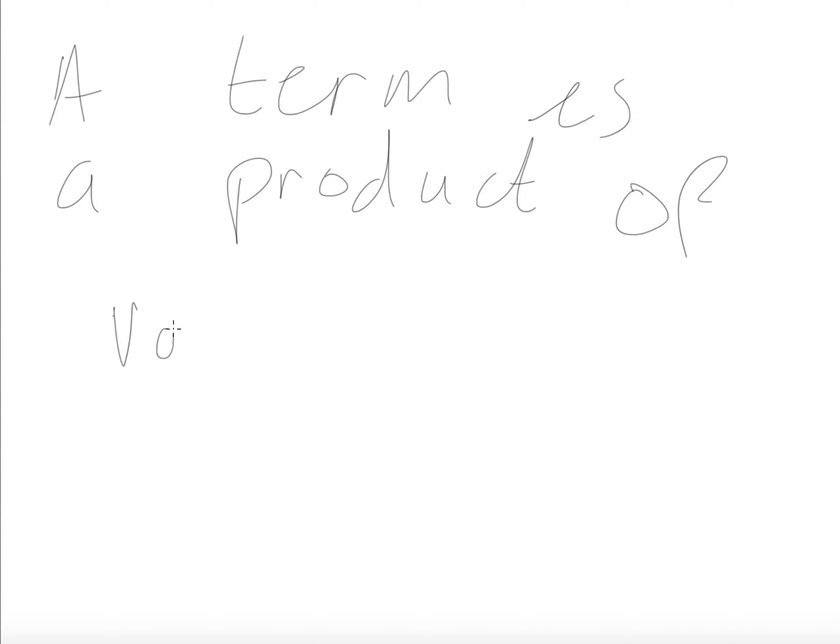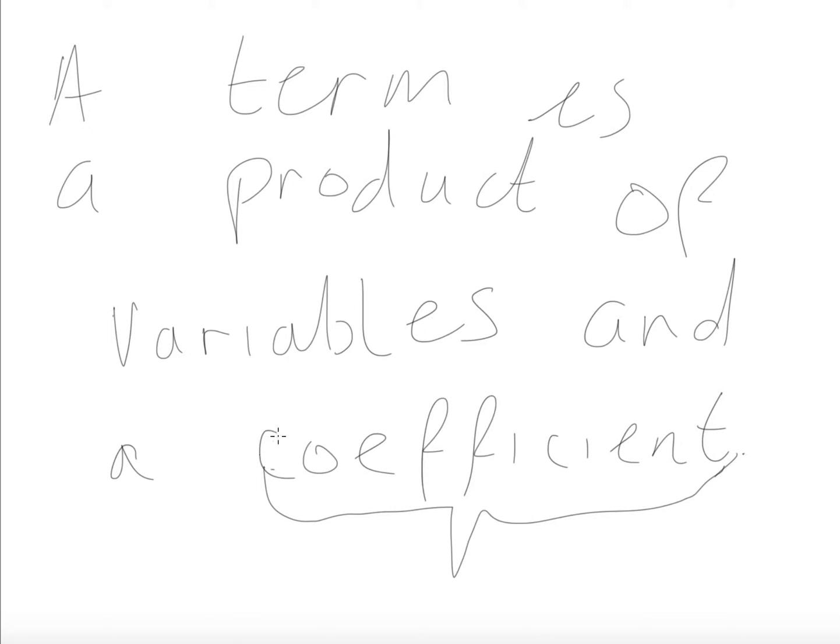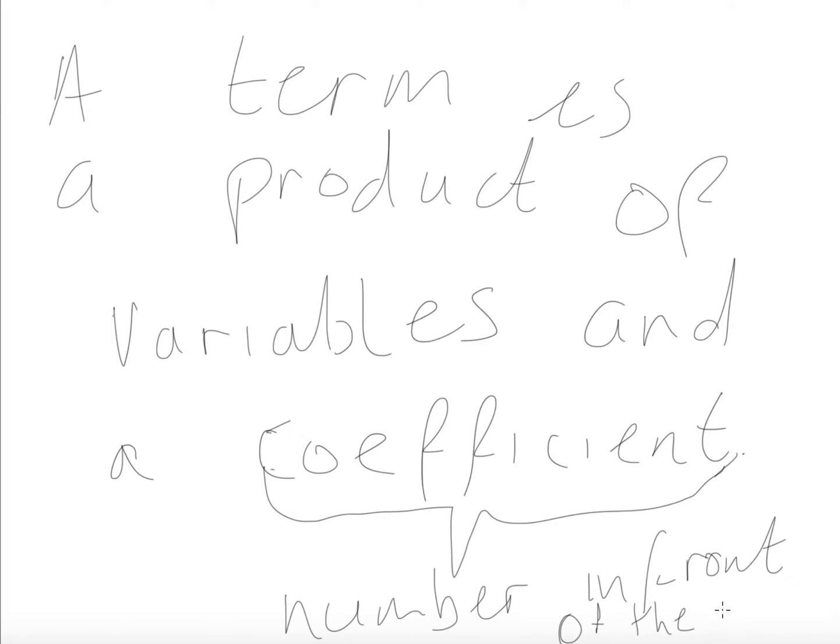So a term is a product of variables and a coefficient. When I say coefficient, I mean the number in front of the variables.